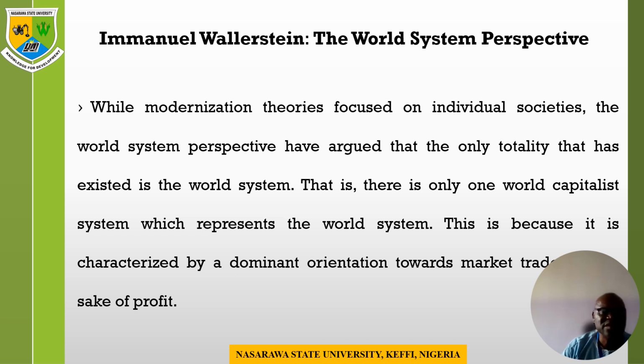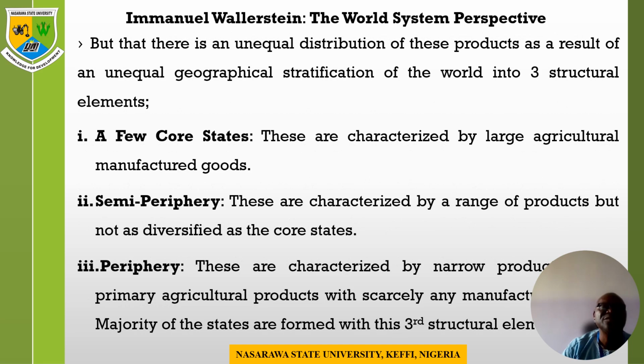This is because it is characterized by a dominant orientation towards market trade for the sake of profit. Wallerstein argued that there is an unequal distribution of these products as a result of an unequal geographical stratification of the world into three structural elements, which are: one, the core states.